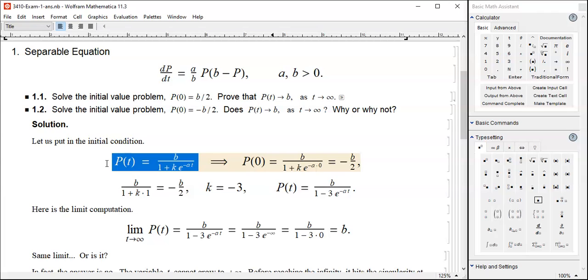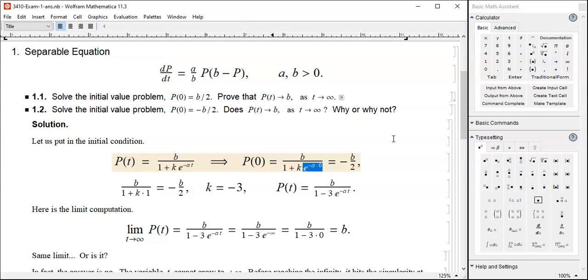We went through this already and got this general solution, so we can use it and plug in the IVC. And P of 0 is negative B over 2. So negative B over 2 is equal to this expression over here. The important part is this exponential part. T is becoming 0, so what do you get?